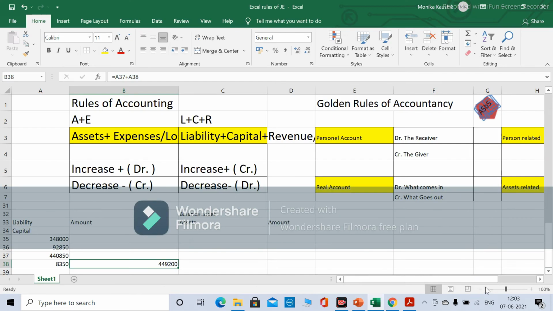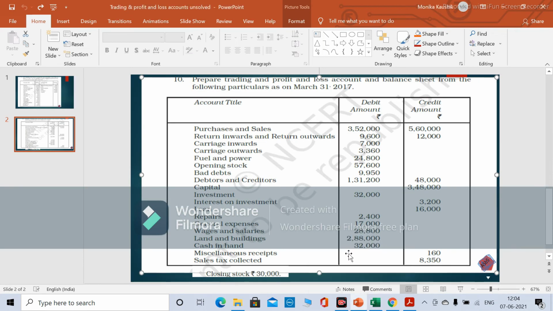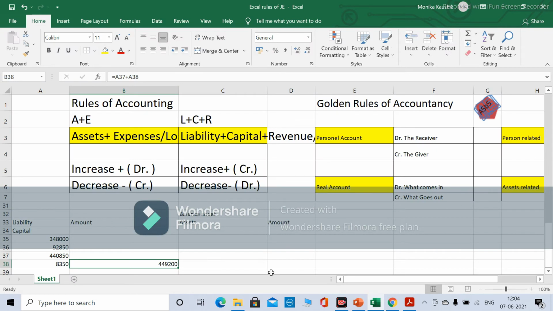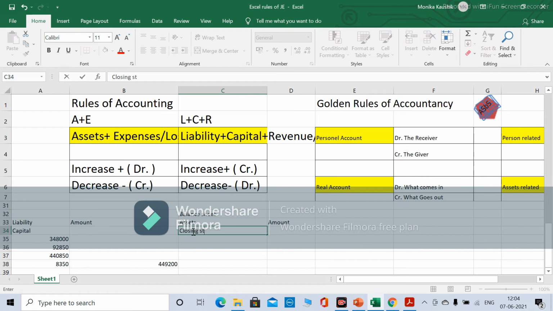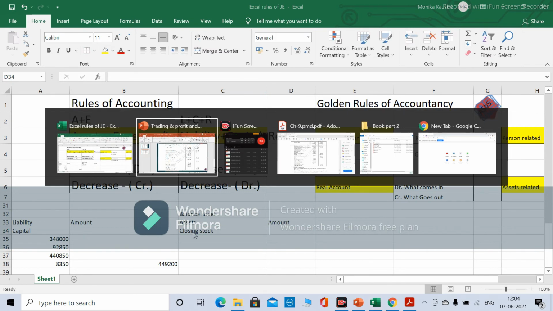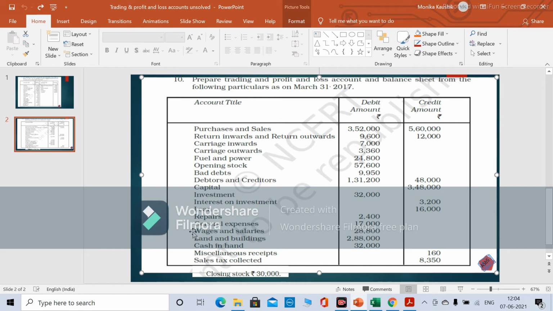Now let's start the next one. Let's start from the bottom. Closing stock. Closing stock is given in the adjustment entries, so I am taking that first. If an adjustment is given, then I have to do the double entries.